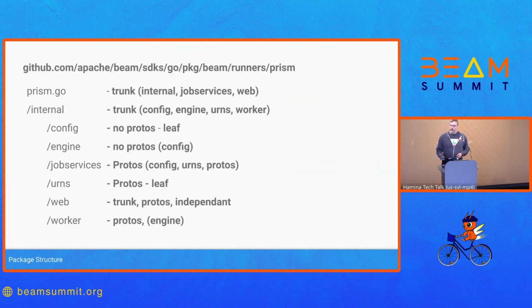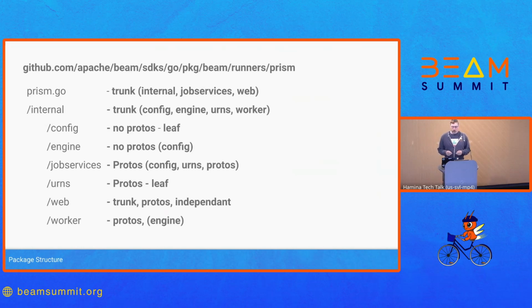So with that in mind, as Prism has developed, care has been taken to limit how certain things are interacting. Things to call out here are basically where the protos actually get used. Notably, the engine package, which handles watermark tracking, the actual stage state, timers, and so on, does not depend upon any of the Beam protocol buffers.